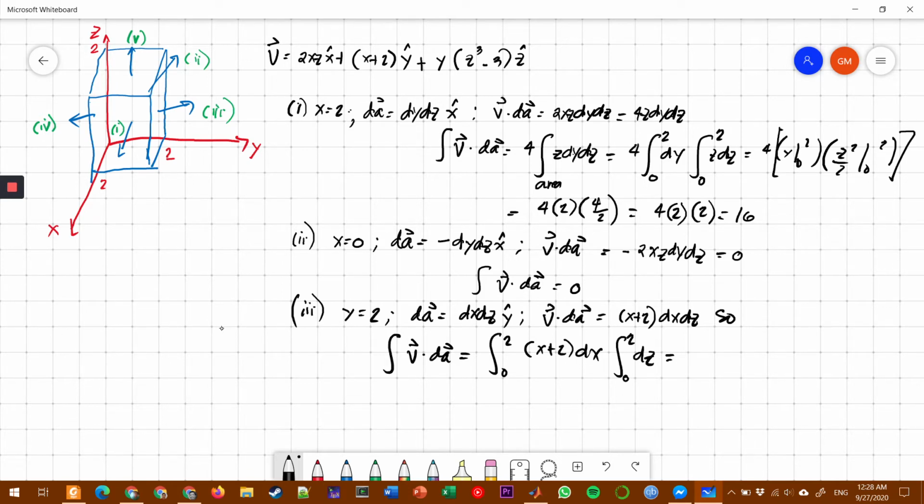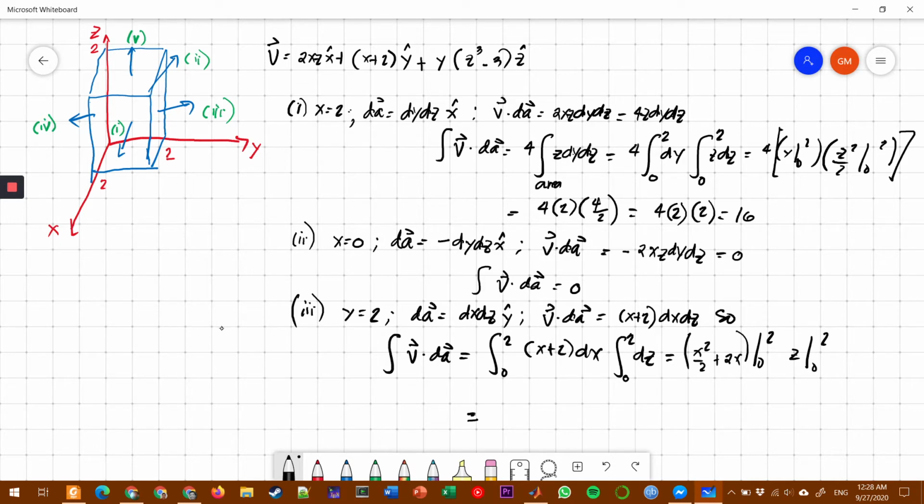If we evaluate the integral of this, we get x squared over 2 plus 2x evaluated from 0 to 2, times just the z from 0 to 2.